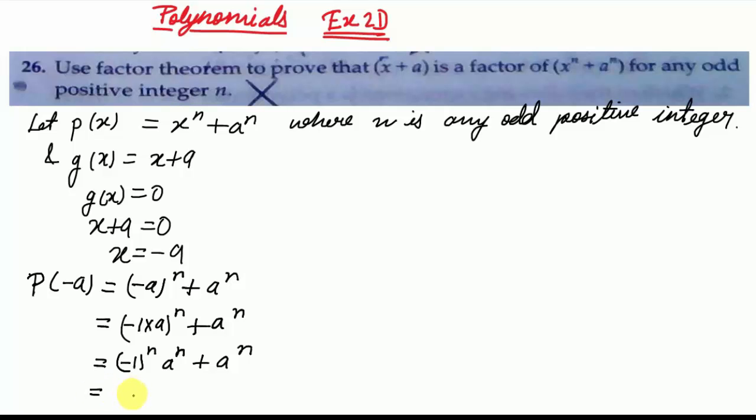Taking a raised to the power n common, we get (minus 1 raised to the power n plus 1) a raised to the power n.